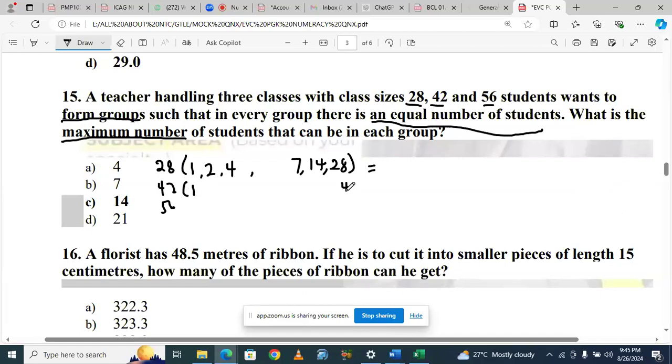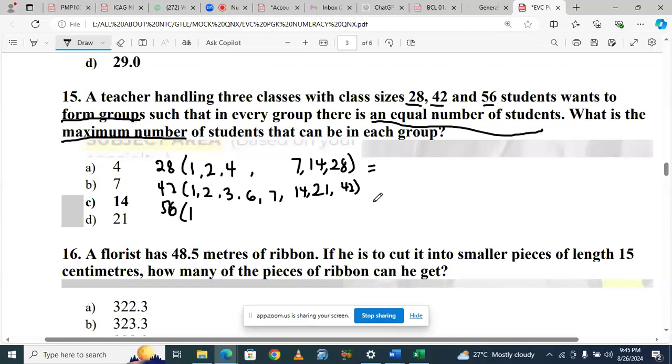We have 1 and 42. What else? We have 2 and 21. Do you have 3? We have 3 and 14. What else? 4, no. 5, no. 6 and 7. Then that's all. Is that okay? Yes, sir.